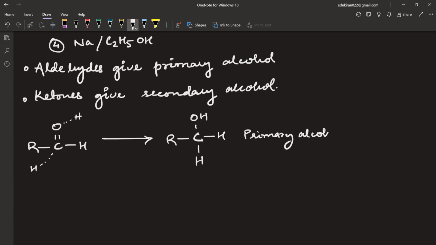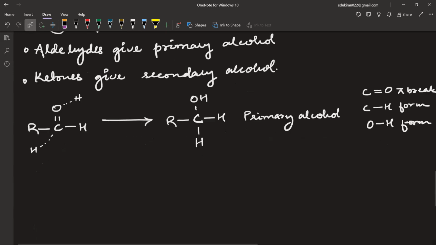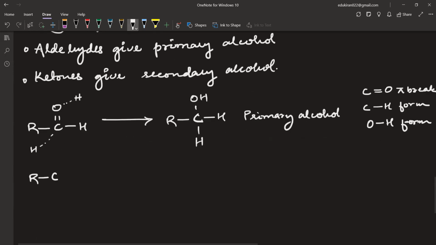Primary alcohol. And you can see here that the C double bond O pi bond is breaking, and then we are forming a CH bond and an OH bond. A similar thing is going to happen if you have ketones also. R, C double bond O, and let us say you have some R dash here, and you are using LiAlH4, any reducing agent, whatever we have written earlier.